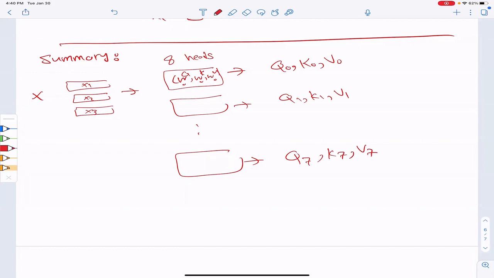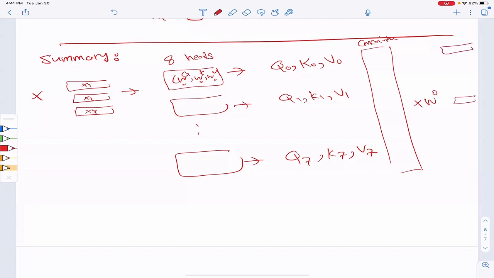You concatenate and you multiply with vector W0, and then you get your 3 embeddings that we call Z. This is Z1, Z2, Z3.